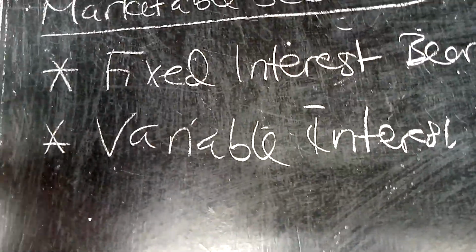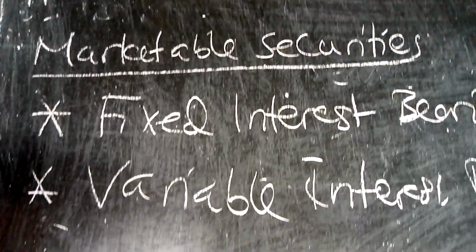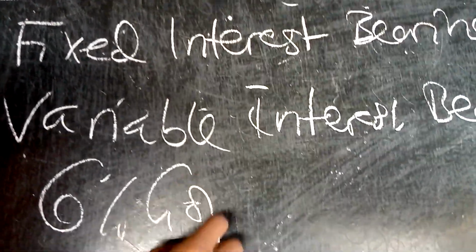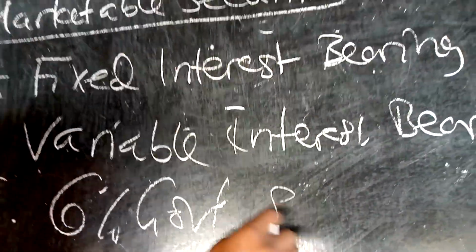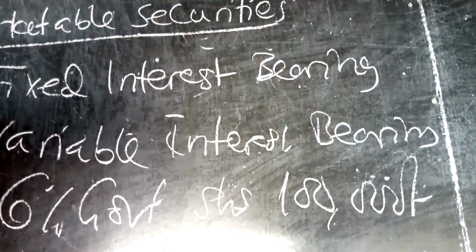So let's have an example. Let's say you have invested in a government bond at 6% with a nominal value of, let's say, 100,000 shillings.